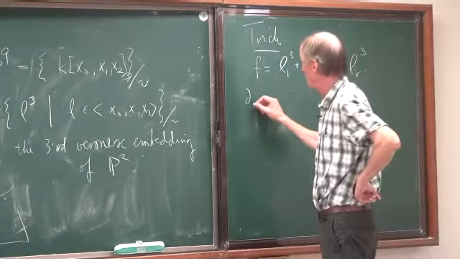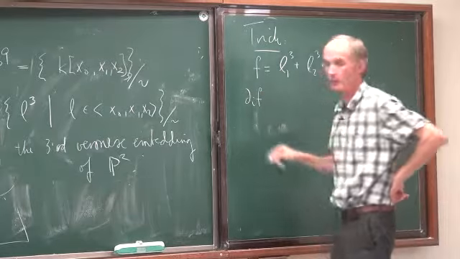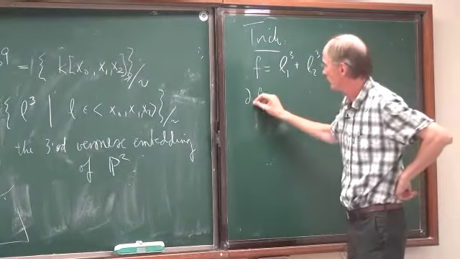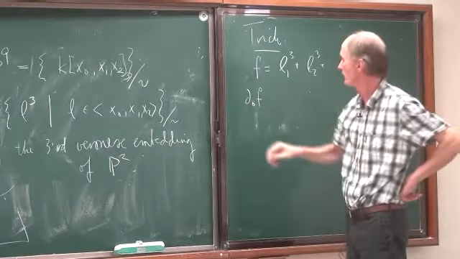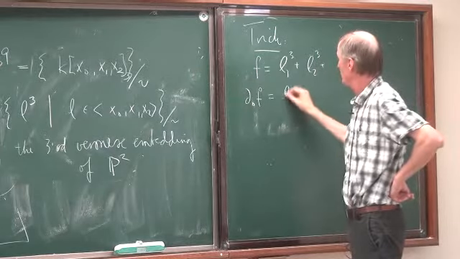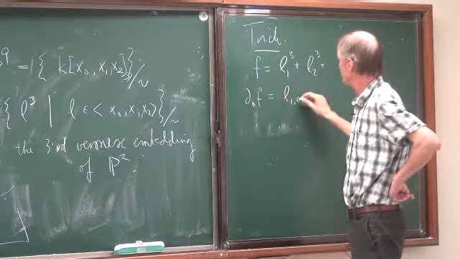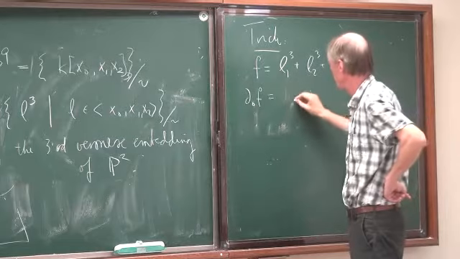So therefore ∂_i of F, this is the partial with respect to x0. This is going to be L1 0. No, I'm sorry. Let me put it this way.